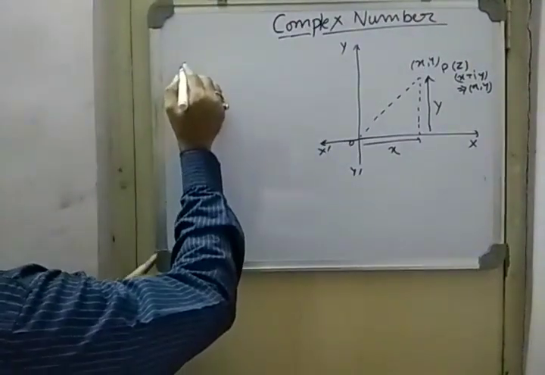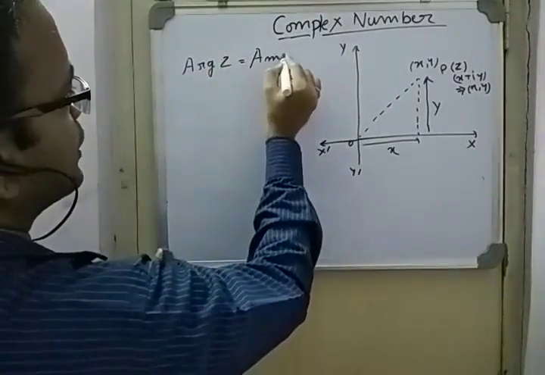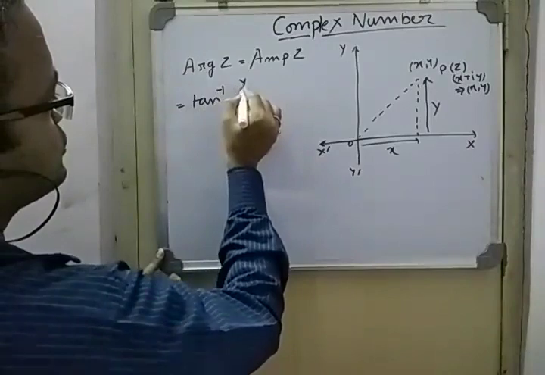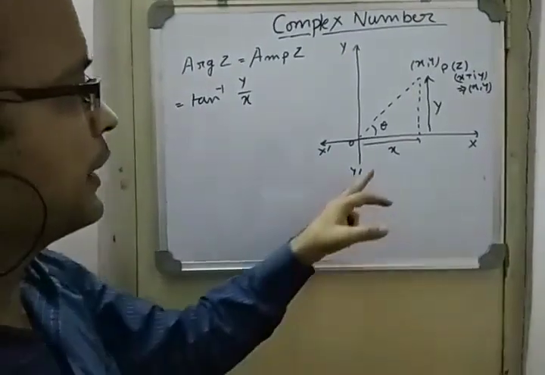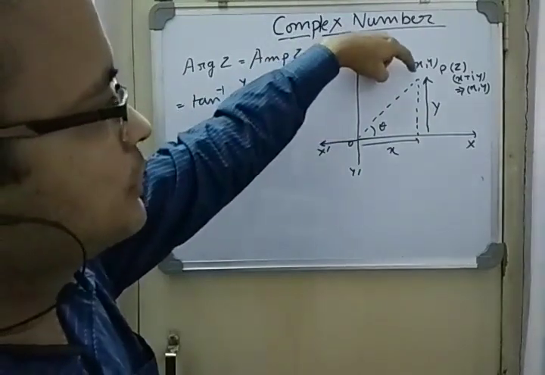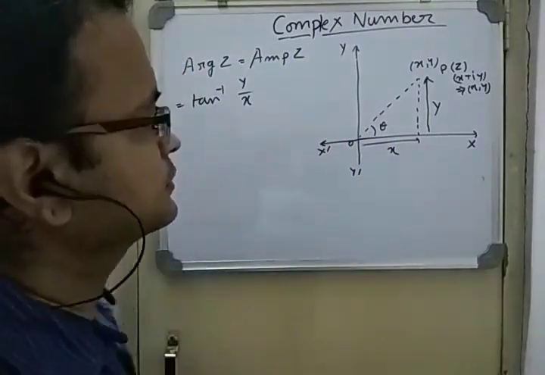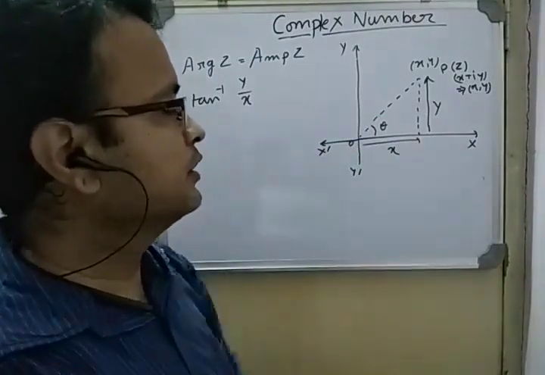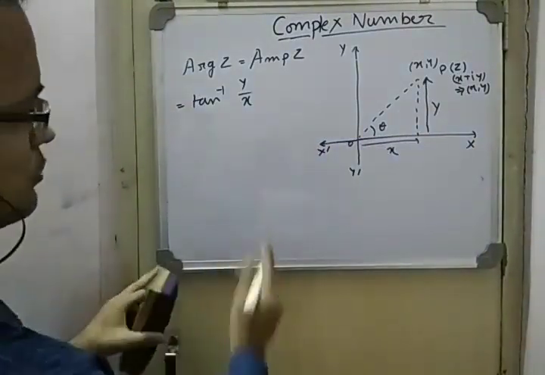Then we had the argument of z, arg z, that is again called the amplitude of z. This is tan inverse y by x. This is theta. Theta is the angle that the line joining the origin and the point makes with the positive side of the real axis. So tan theta equals y by x, so theta equals tan inverse y by x.